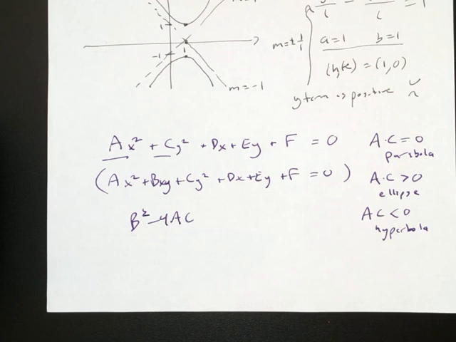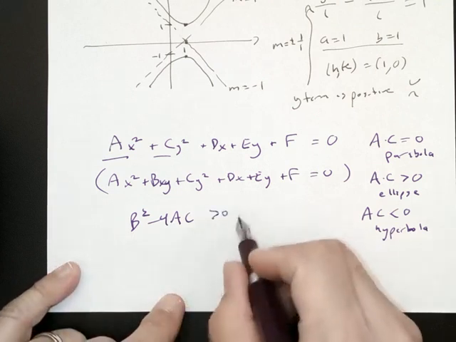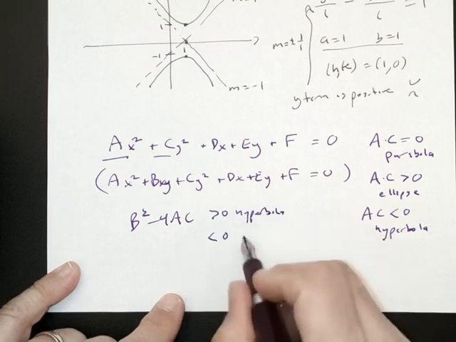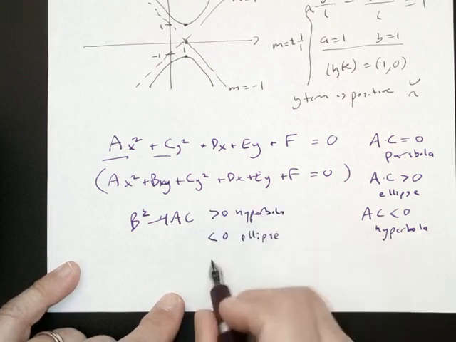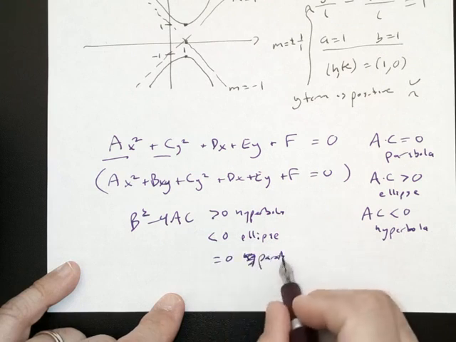Gee, that looks familiar, doesn't it? And then we ask whether that's positive or negative or 0. But the conditions switch. If this is positive, we have a hyperbola. If this is negative, we have an ellipse. And if this is 0, we have a parabola.